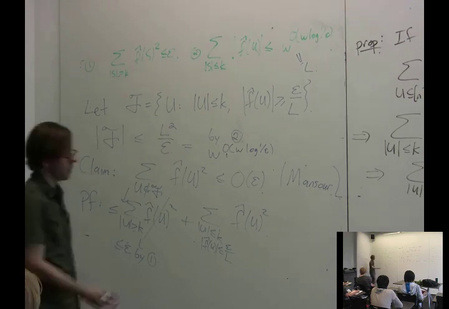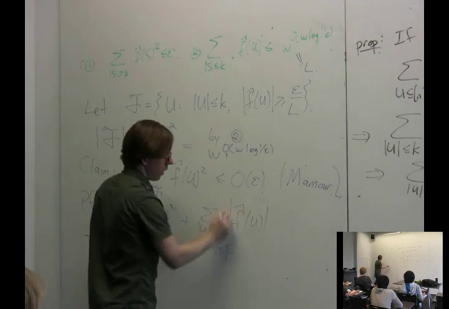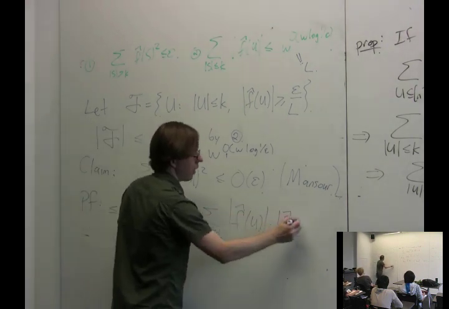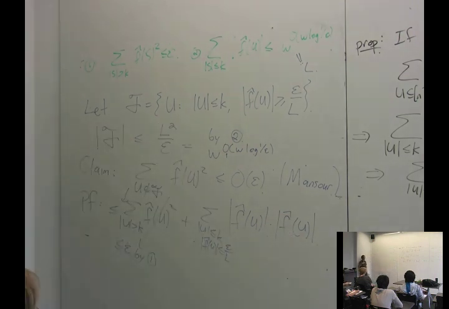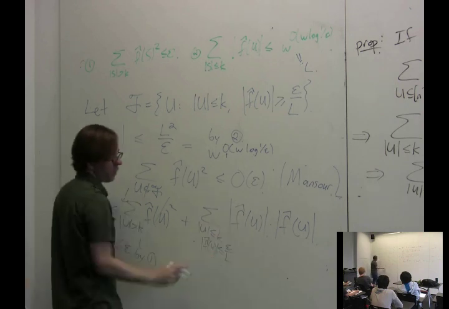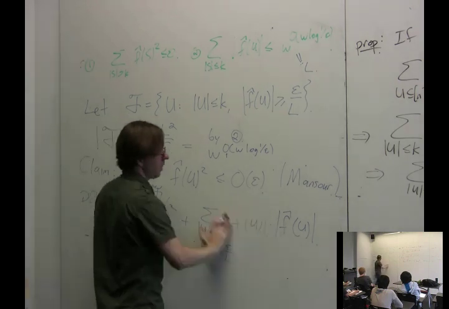OK, but I can write this as the absolute value of F hat U times the absolute value of F hat U. Yeah, this is what you should be writing down. And this first F hat U is at most epsilon over L, so I can put epsilon over L here.